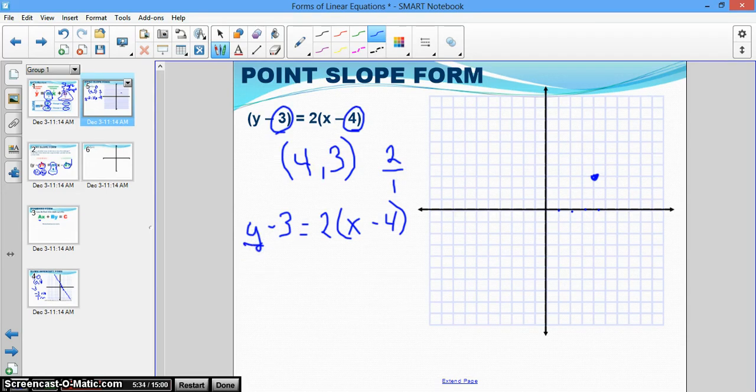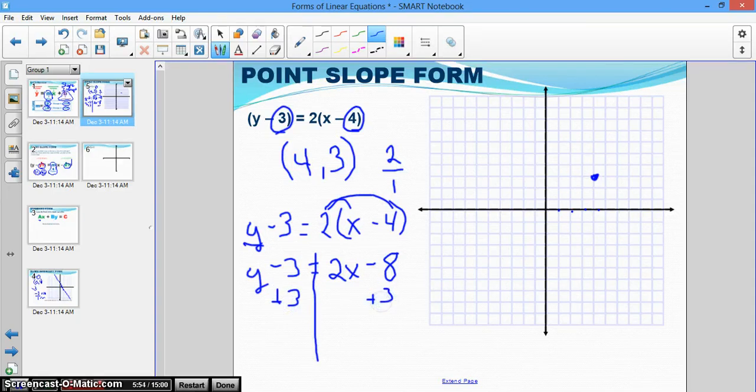So let's solve. What would we do first? We should eliminate the parentheses. So let's go y minus 3 equals, distribute this 2 to both of these, and we have 2x minus 8. The next thing that we would do is add 3 on both sides. And then we get y equals 2x minus 5.